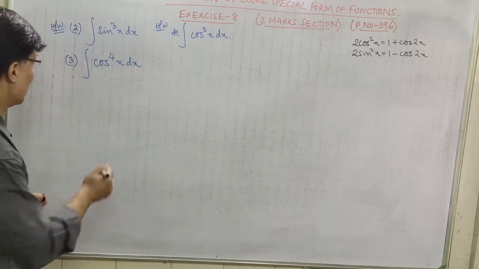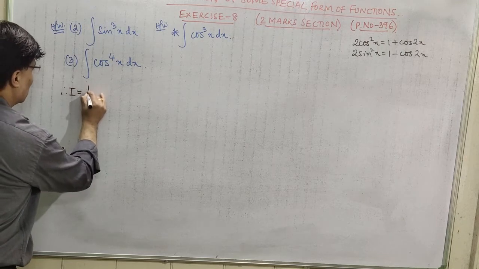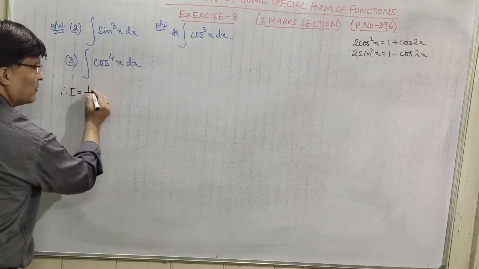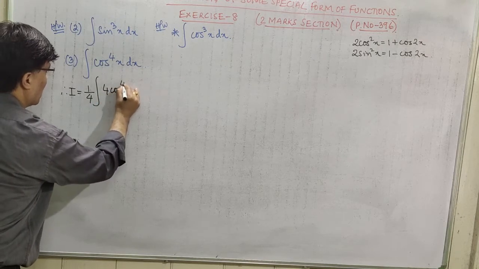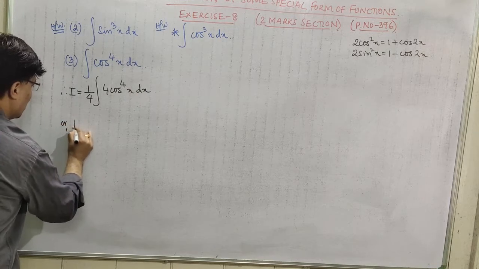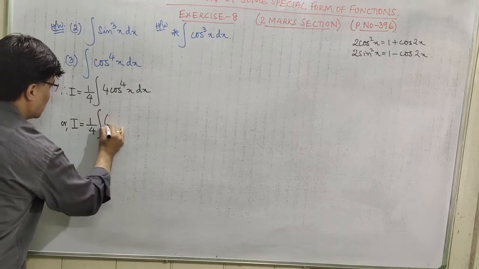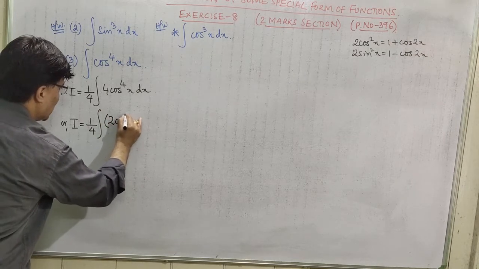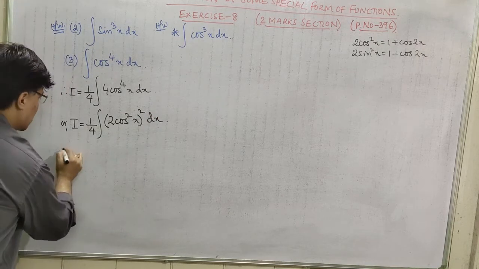So let us write here I is equal to 1/4, since 4 is given out here, integration of 4 cos to the power 4x dx. Or I is equal to 1/4 integration of 2 cos square x whole square dx, right?